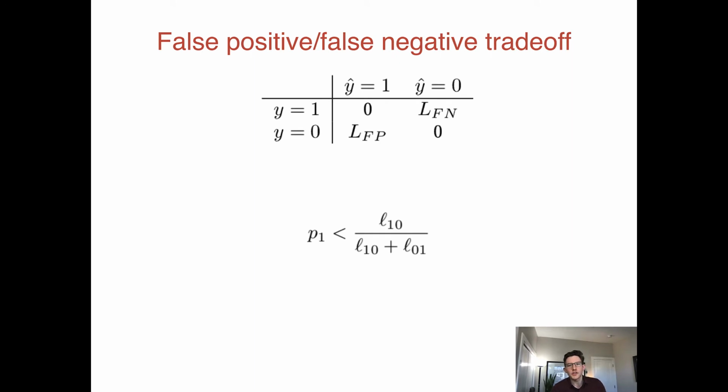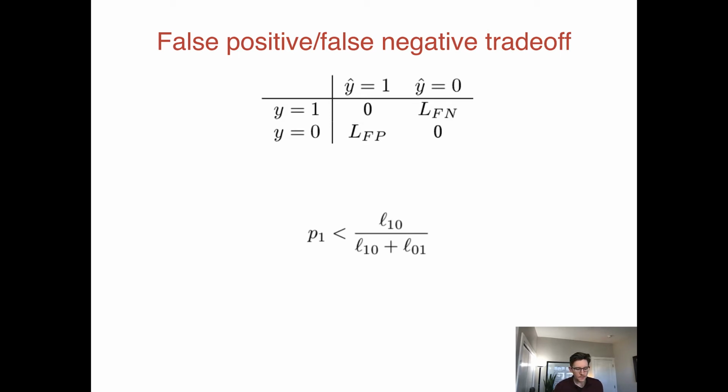Okay, so let's start with the classification case. That is, there is some true value of y, either 0 or 1, disease or not disease, and we have to make some prediction of disease or not disease, y hat, and we're going to act accordingly.